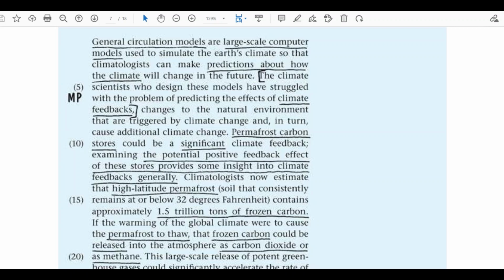Climatologists now estimate that high-latitude permafrost, soil that consistently remains at or below 32 degrees Fahrenheit, contains approximately 1.5 trillion tons of frozen carbon. If the warming of the global climate were to cause the permafrost to thaw, that frozen carbon could be released into the atmosphere as carbon dioxide or as methane.